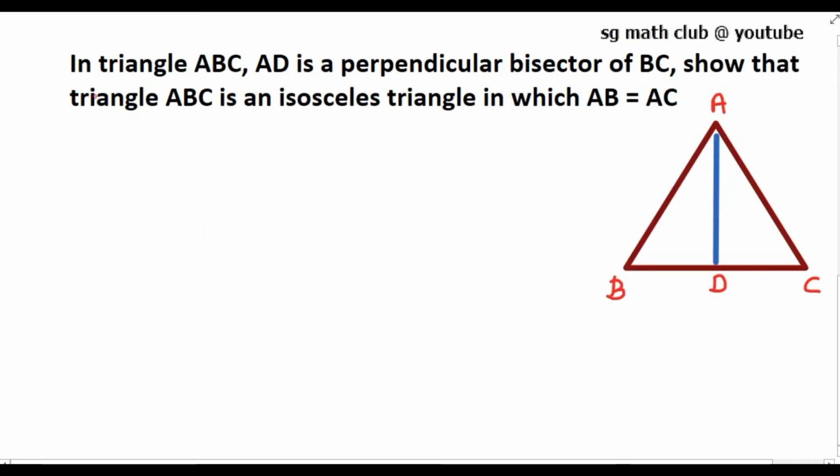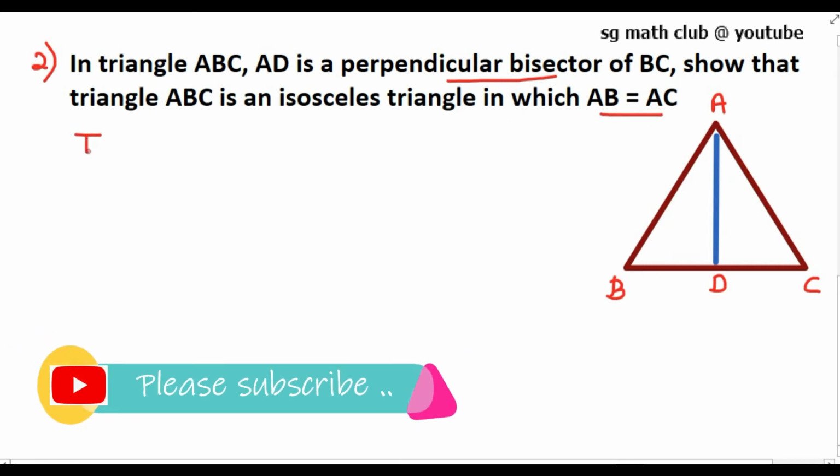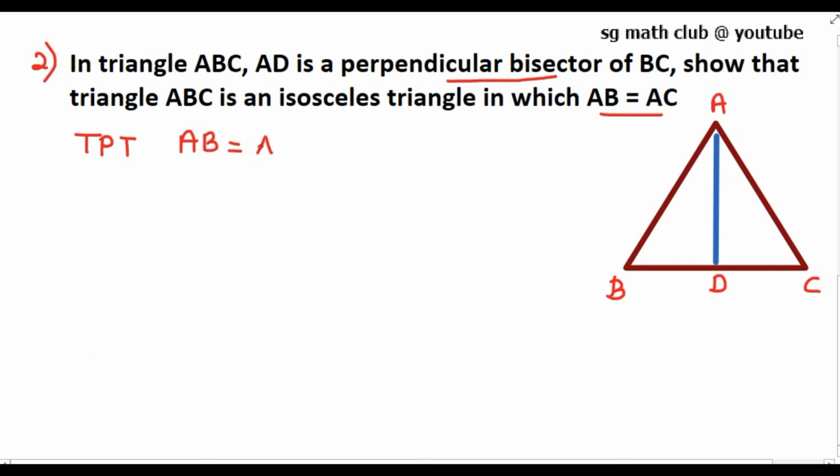Now the second question: in triangle ABC, AD is the perpendicular bisector of BC. We need to show that ABC is an isosceles triangle in which AB equal to AC. So we need to prove that AB equal to AC.